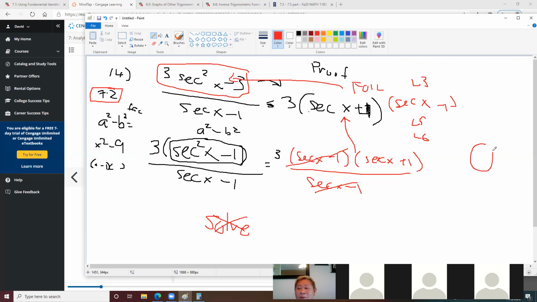You get a big fat 0 on the test if you do that, because you are not proving, you are solving. Once you multiply secant x minus 1 to that side, you are solving an equation, not proving an identity. That's why you get a big 0 if you do that.